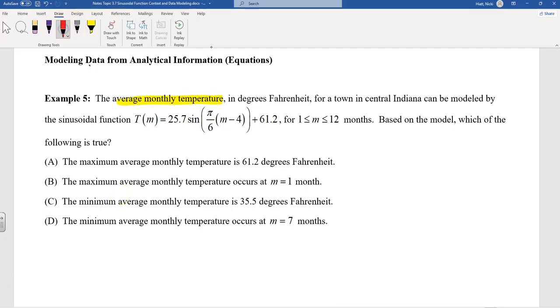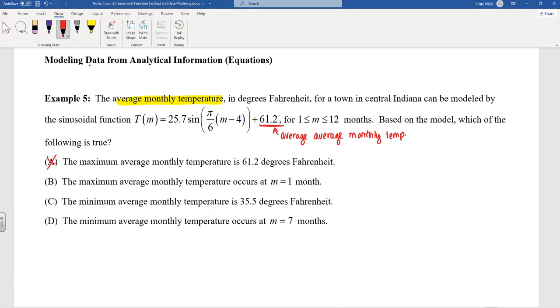Okay, this number right here, our midline, this would be the average monthly temperature, right? It goes right through the middle of these average monthly temperatures. So, can 61.2 be the maximum of this graph? No, it cannot, because 61.2 is the midline. That's the average monthly temperature, not this one.